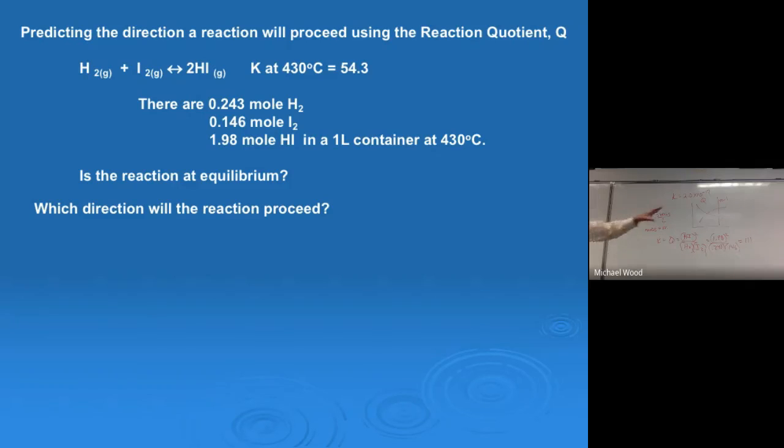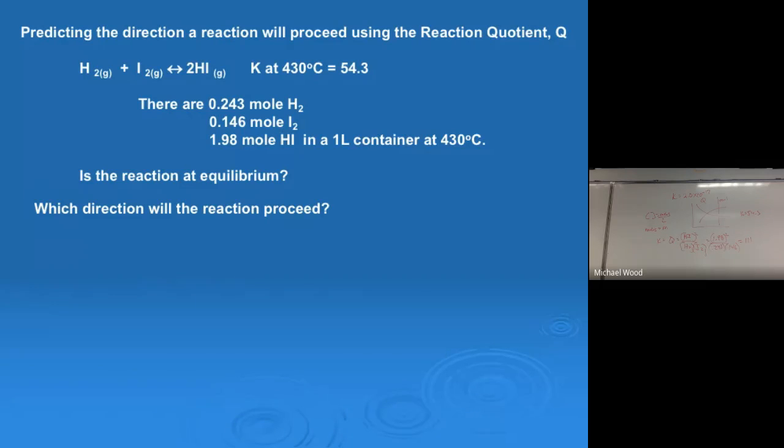So again, Q is here before we got to equilibrium, which means Q is greater because it says for this reaction that the K is 54.3. So the first question says, is this reaction at equilibrium? The answer is no. The only way it would be at equilibrium is if Q equaled K. If Q equals K, it's at equilibrium, but it's not.